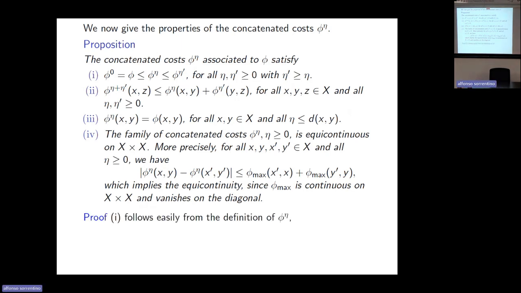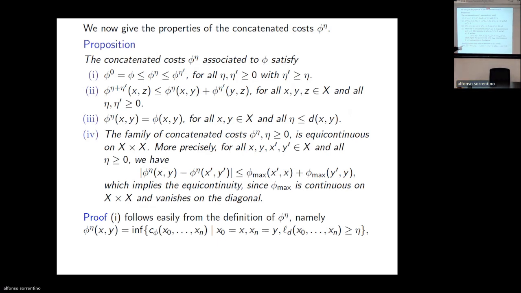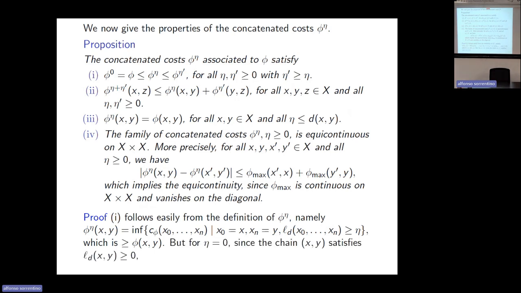Now, the first one follows easily from the definition of phi eta, because the larger eta, the fewer chains you have over which you take the inf. So that gives you this one. And for phi 0 equal to phi, all the phi eta of xy are larger than phi of xy, as we have seen, because all the concatenated costs are larger than that.